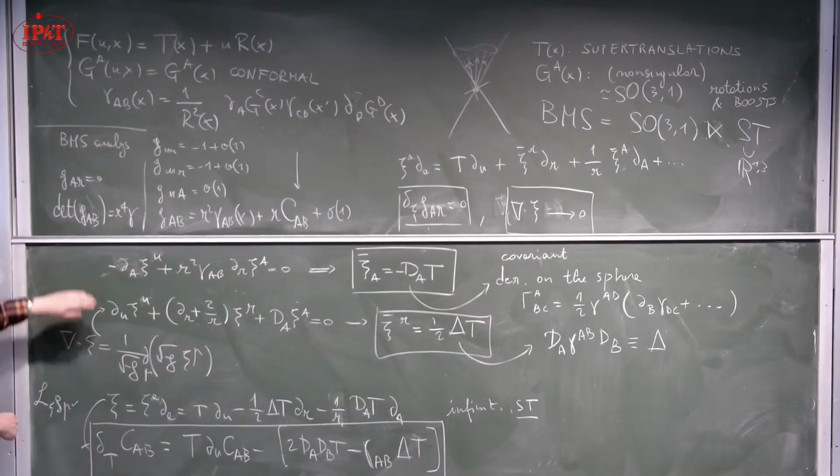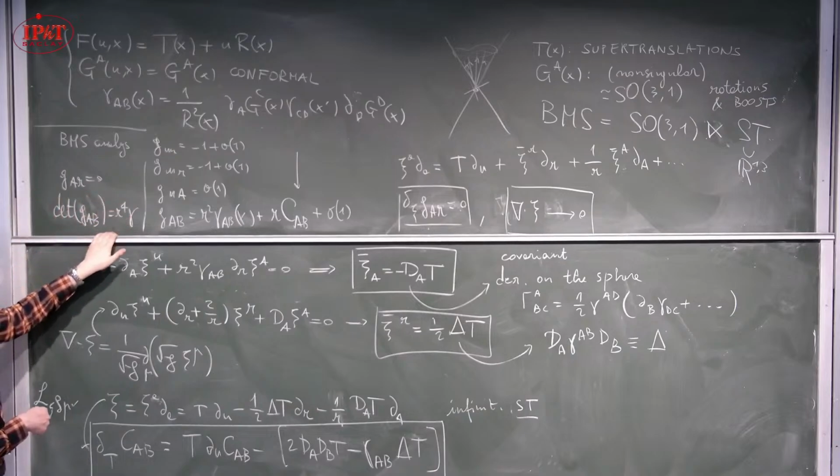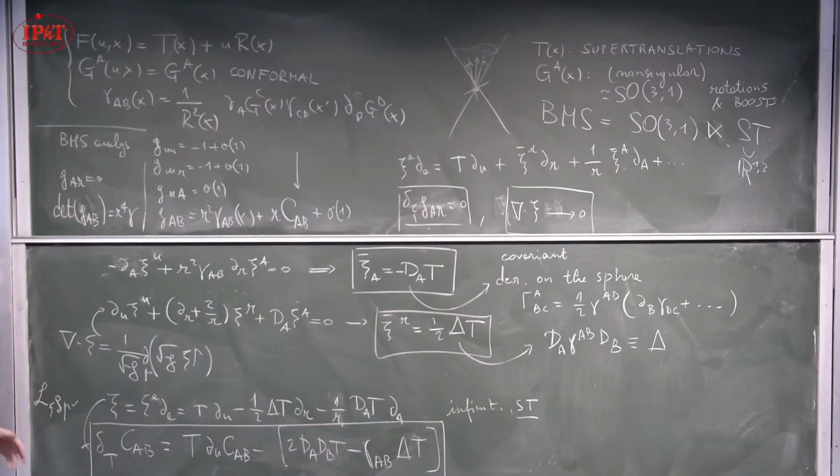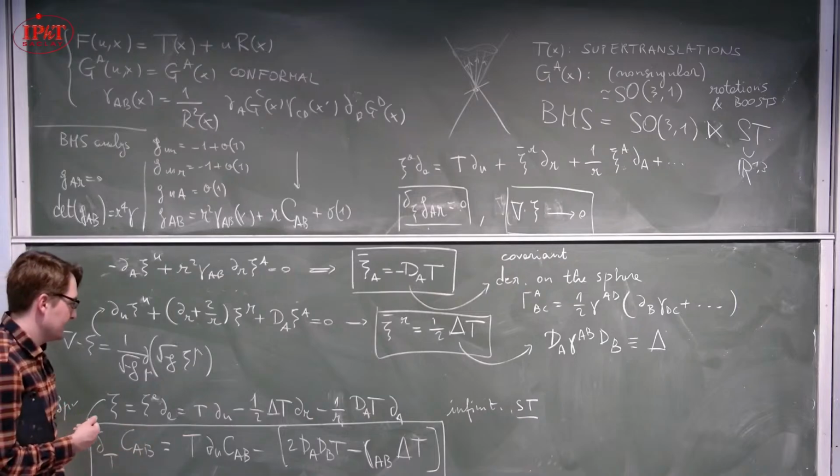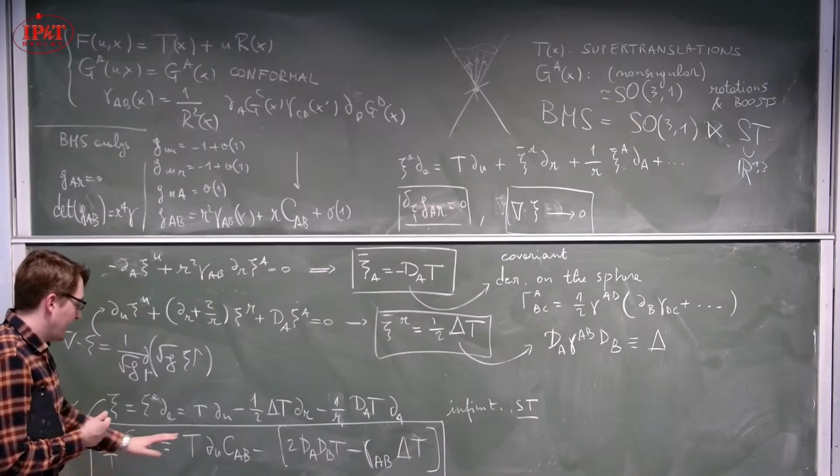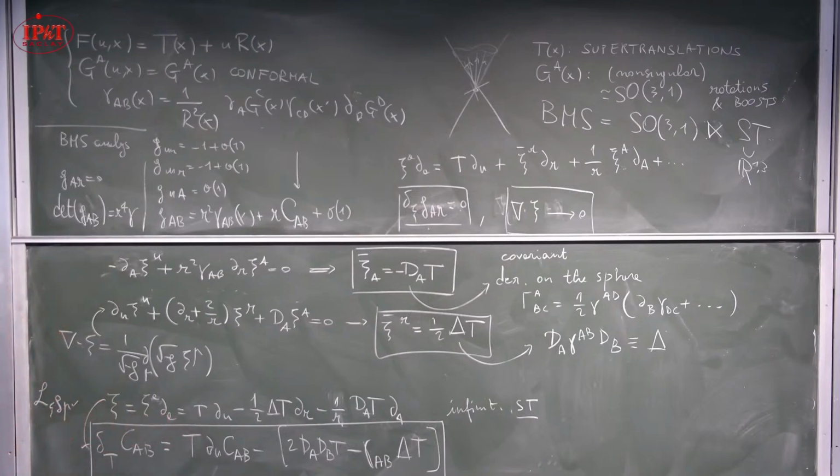There are only two, because the determinant condition restricts this 2 by 2 symmetric matrix to be traceless. So these are really the two physical polarizations of the graviton, plus and minus, or positive and negative helicity, if you want. And they act non-trivially also on the waveform, although I would say the physical observability of this effect is still a bit unclear.